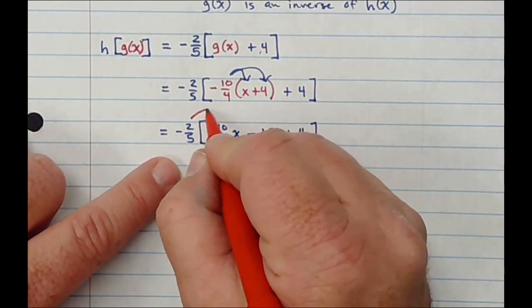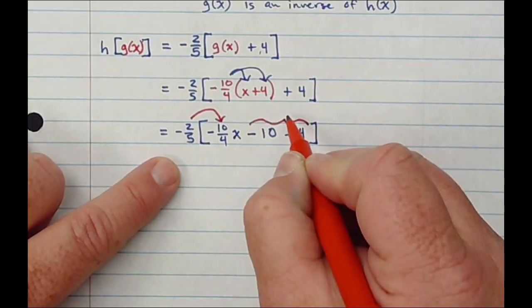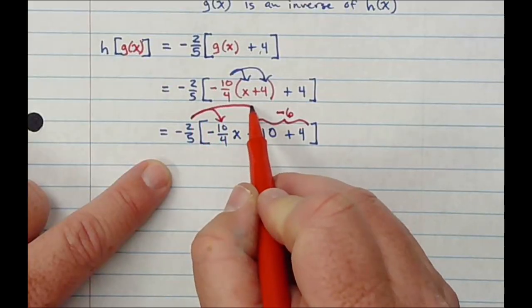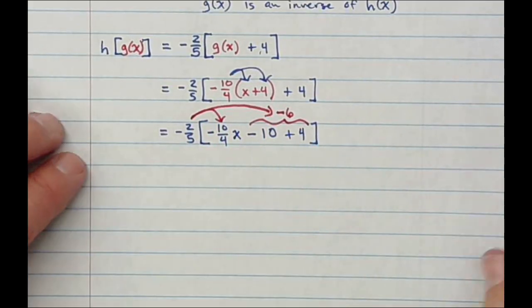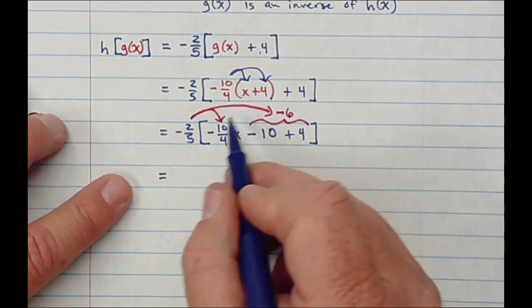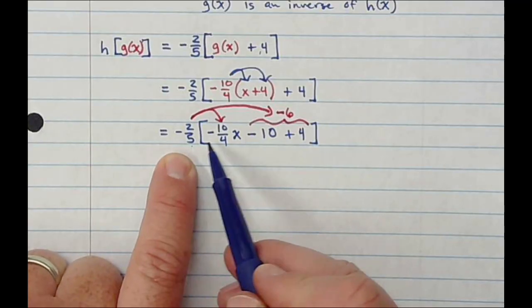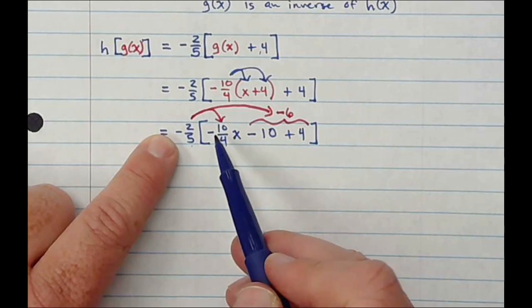I am also going to go ahead and combine so that this becomes minus 6. So then this makes the distributive property apply to the negative 6 rather than to both of these terms. So let's go through this part here. We have negative 2/5 times negative 10/4. That's going to give us a positive.